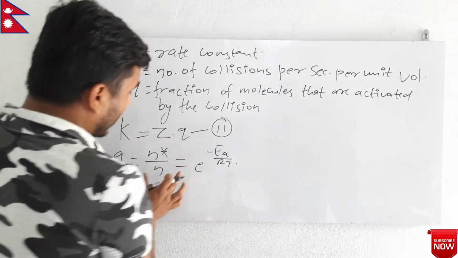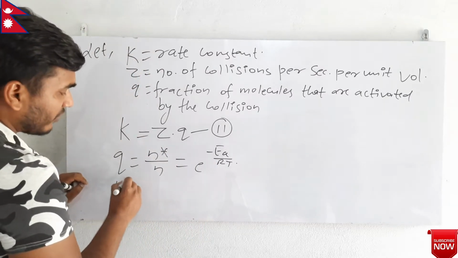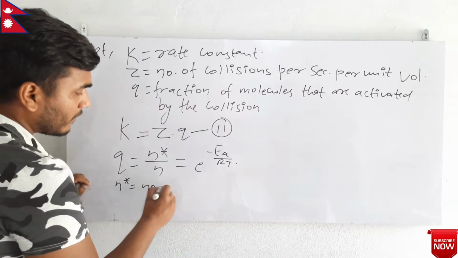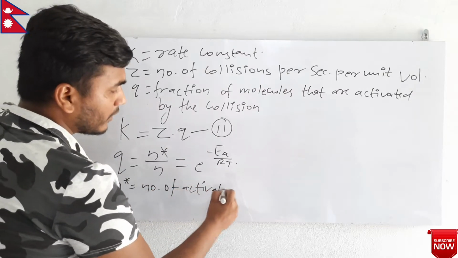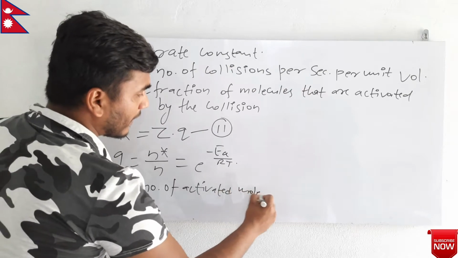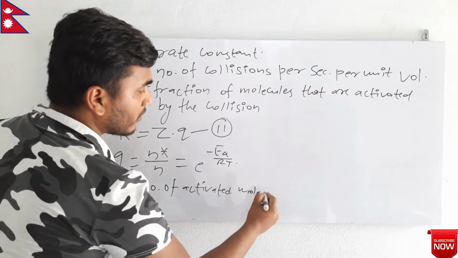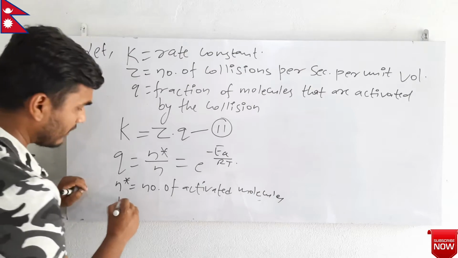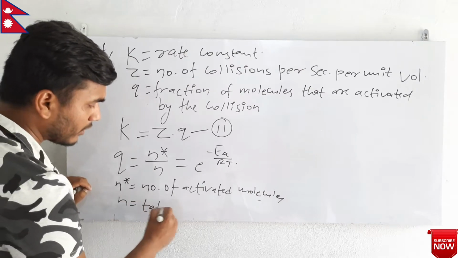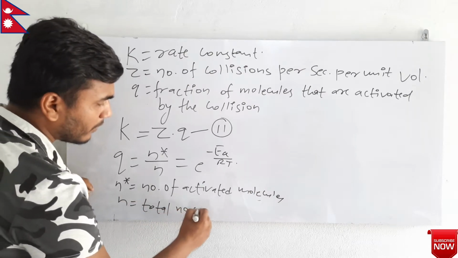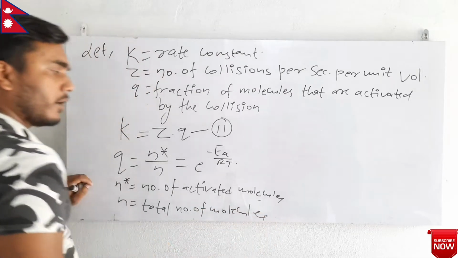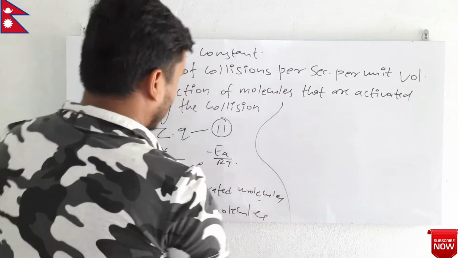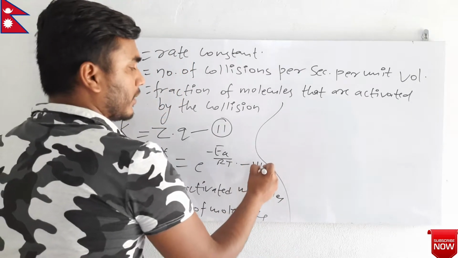Okay, so we can write this form where this n asterisk is the number of activated molecules, and this n is the total number of molecules. Then let us consider this to be equation number 3.